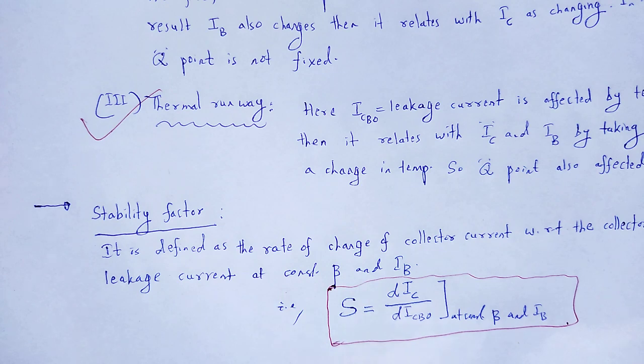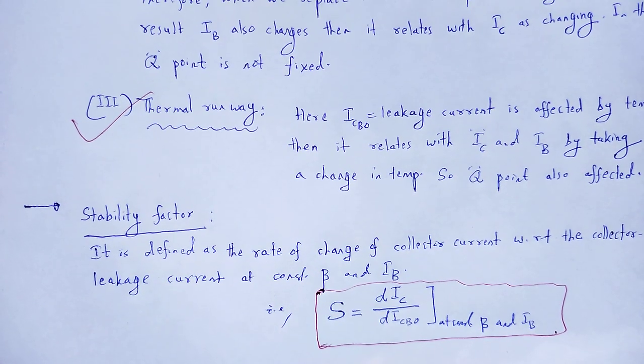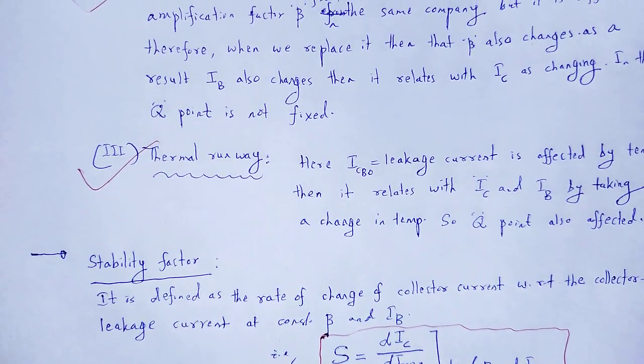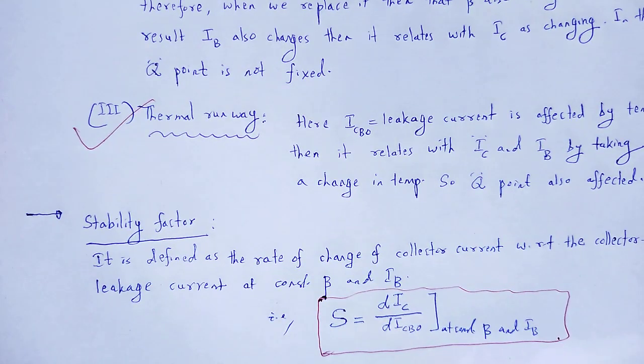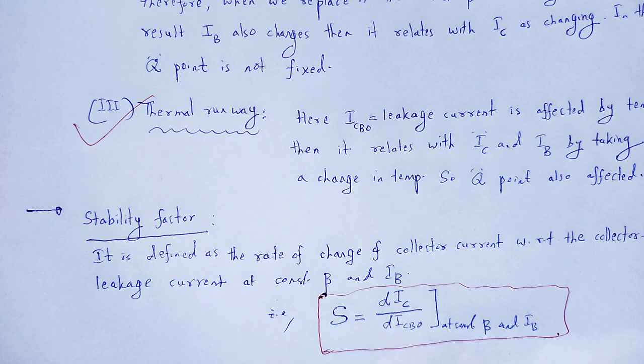If the stability factor is more, then we can say that the transistor is stable. If it is less, then the transistor is not stable. Sorry, if it is less, then we call the transistor stable. If it is more, then it is not stable. On that basis, the stability factor defines whether the transistor is stable or not.